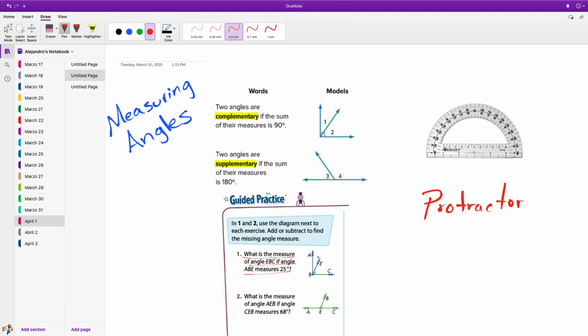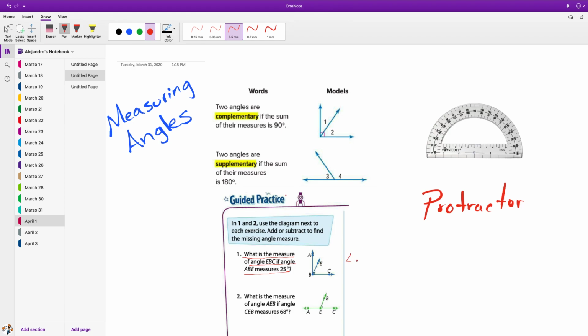Okay, so it looks like we have a 90-degree angle, right? A right angle. How do I know? Because I see the little square. But it seems that we don't know the measure of angle EBC. Guys, remember that in order to find the angle, you just follow the letters.